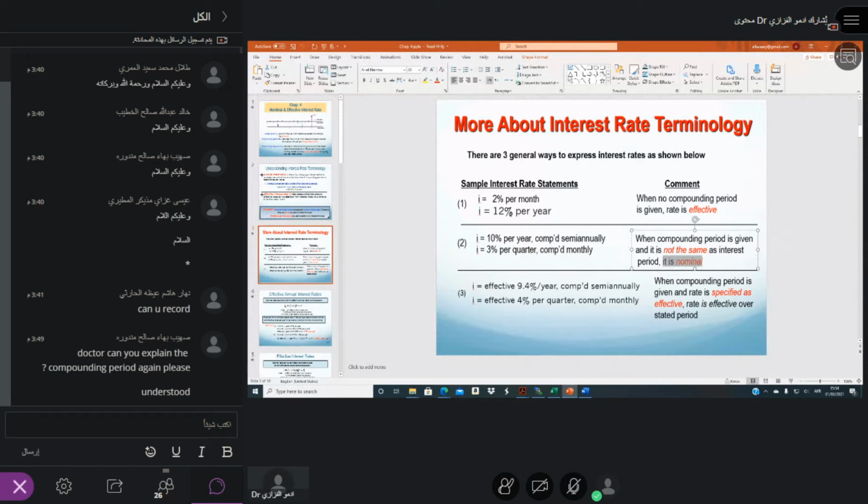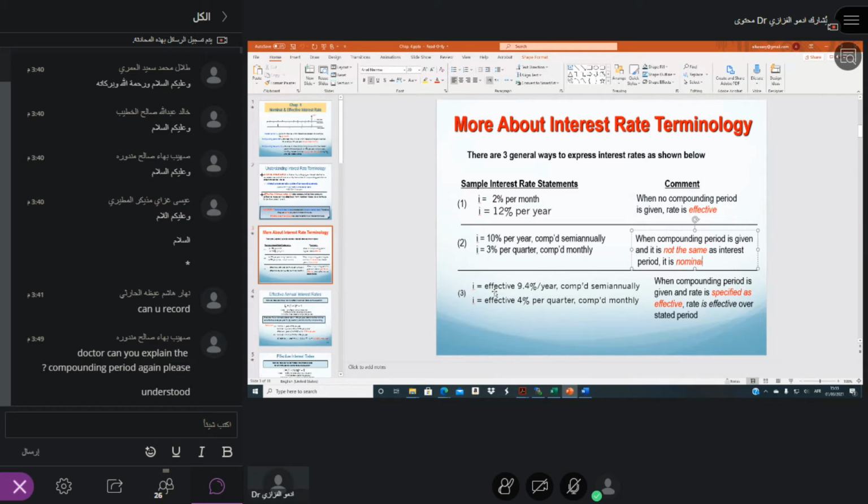These are the ways you understand whether this is a nominal or an effective interest rate. For example, if a question does not tell you whether the given rate is an effective or a nominal interest rate, then you look at the way they express the interest rate, and you deduce from that whether it is a nominal or an effective interest rate.